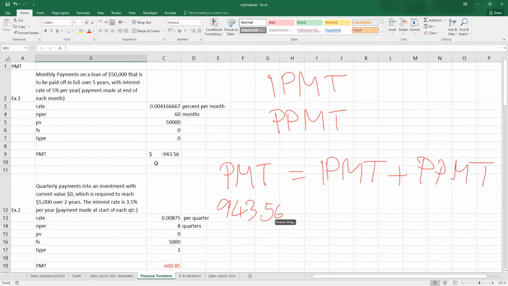Actually, it comes from 2 different parts. One part of this amount is the interest. The other part of this amount is the principal นะครับ. So now we are going to learn about the interest and the principal that you have to pay for each specific period of time ครับ.